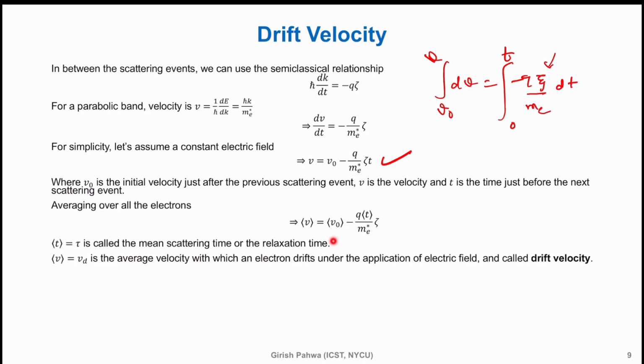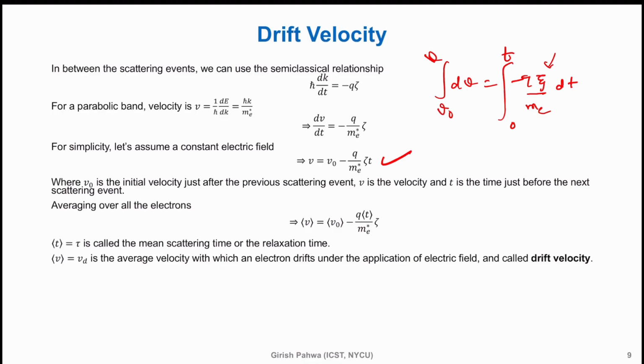In most cases, if you have a long semiconductor bar, even a transistor of channel length 50 nanometer, 100 nanometer, it is going to encounter a lot of scattering events. But what if my transistor has a very small channel length? It can happen that an electron going from source to drain goes without any scattering event. That is ballistic, so we're not talking about that. We're talking about when it is averaged out, the drift velocity.